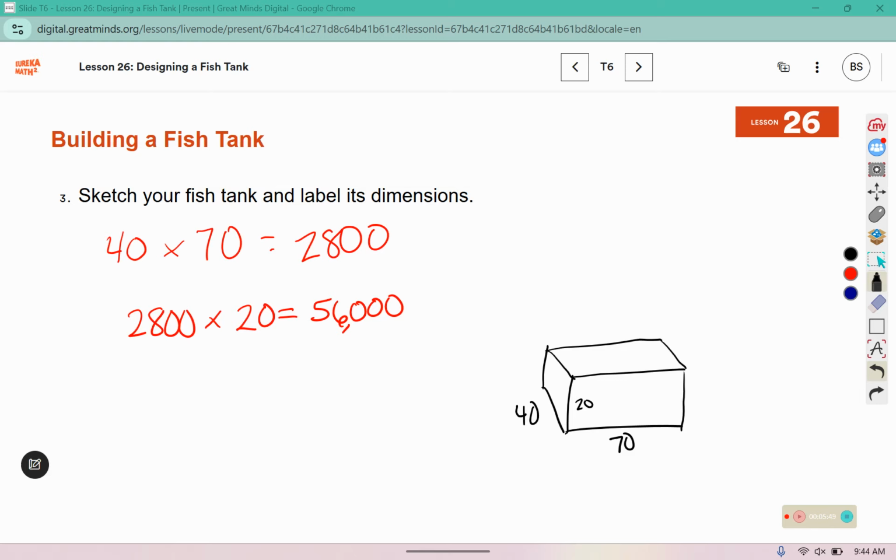Since 56,000 is greater than 32,000, I have enough room for my fish to have enough water and some extra space at the top so that it doesn't have to be all the way full to the very top.